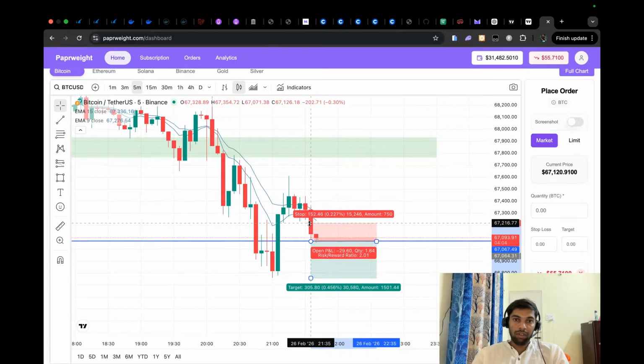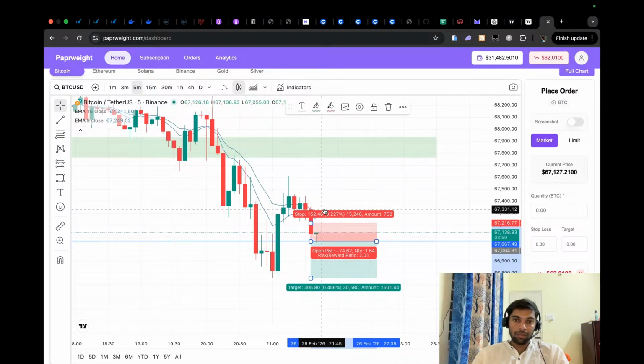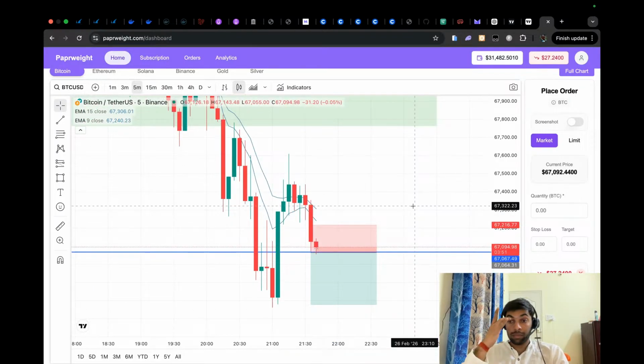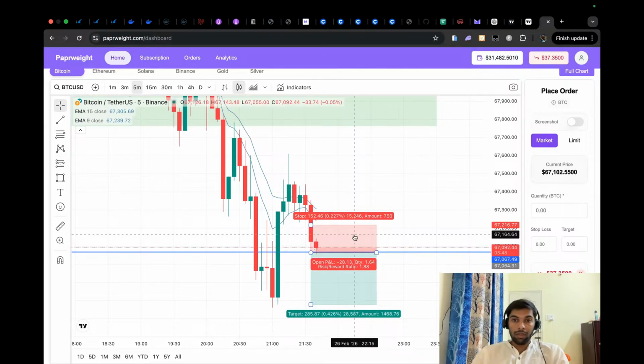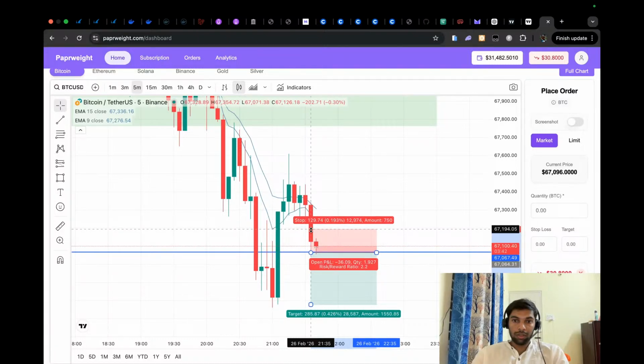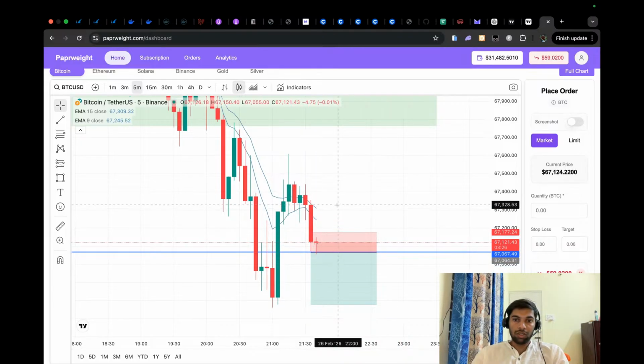And my stop loss would be at 150 points. Oh, okay, taking support for no reason. I have to decrease the stop loss. So my stop loss would be at 100. 100 points might be our stop loss.